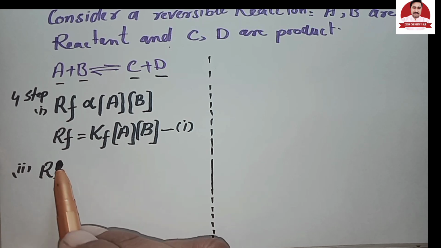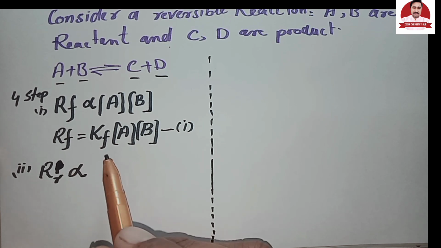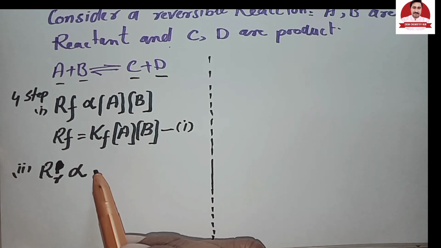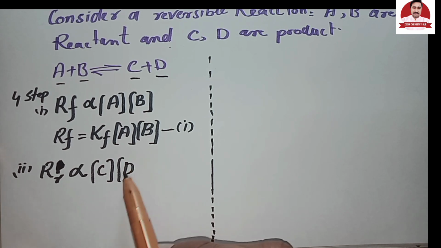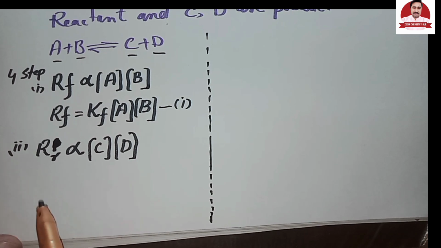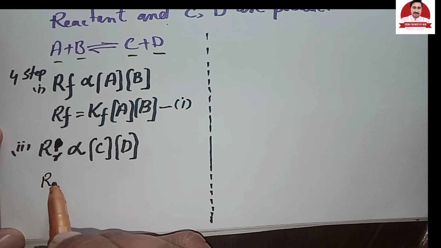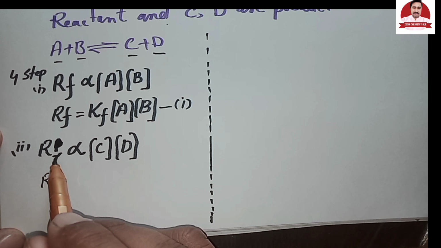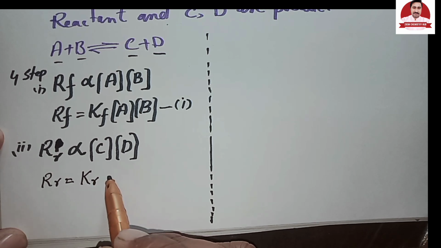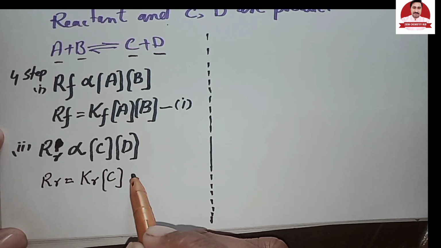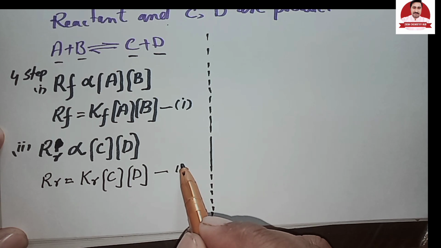So the rate of reverse reaction is directly proportional to the product of the concentration of the products, that is C and D. And if we remove this proportionality sign, the rate of reverse reaction is equal to the constant Kr into the concentration of C and the concentration of D. This is equation 2.